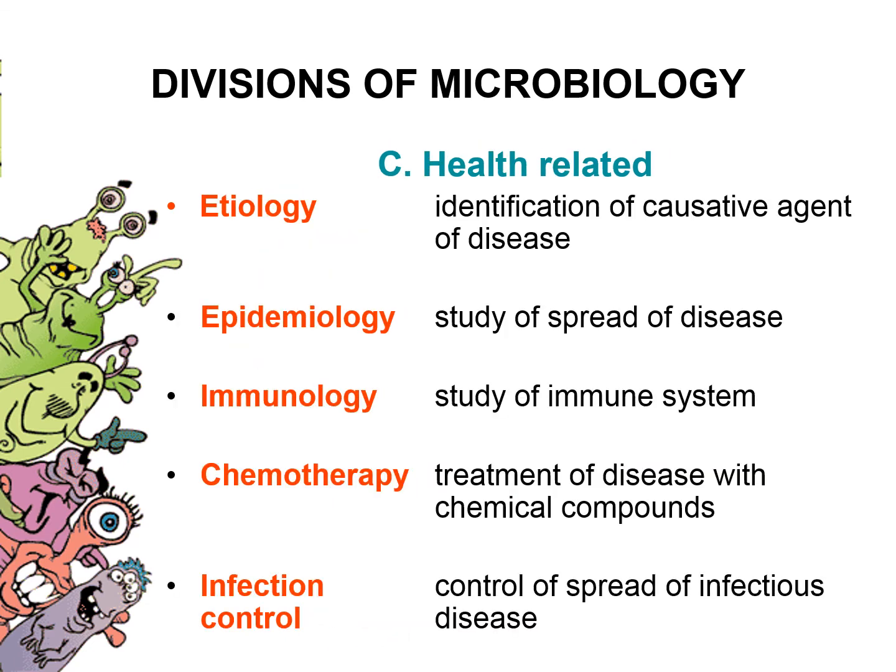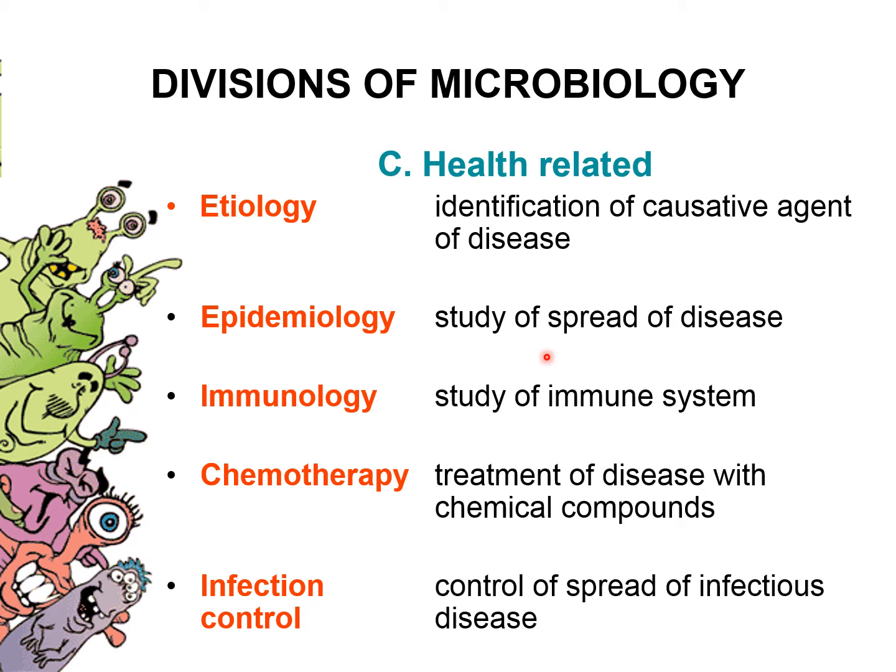On the basis of effect of microorganism on health, microbiology can be subdivided into these different subgroups or subdivisions. Etiology is the study of identification of causative agent of a disease, which can be bacteria, virus, or fungi, or even parasites. Epidemiology is a study of how a disease spreads in a population.